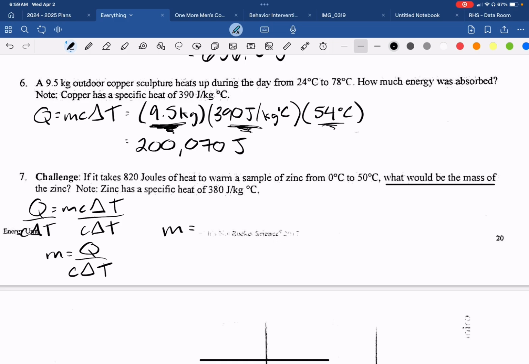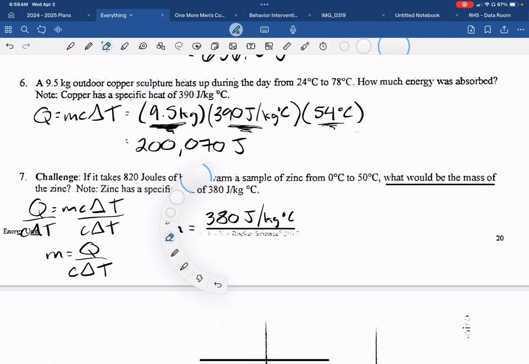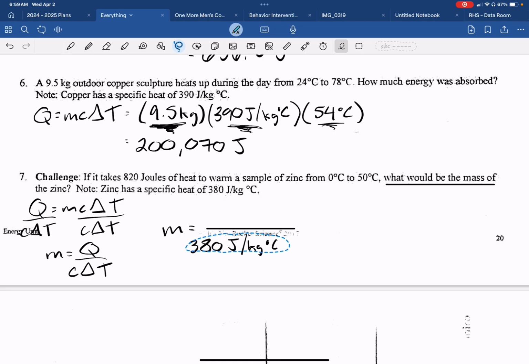So the mass of this zinc is going to be the specific heat of zinc, 380 joules per kilogram degrees Celsius, over the constant for specific heat. Oops, I just messed up. Made a mistake, y'all. This is actually going to go down here.